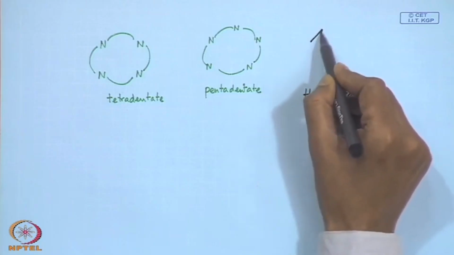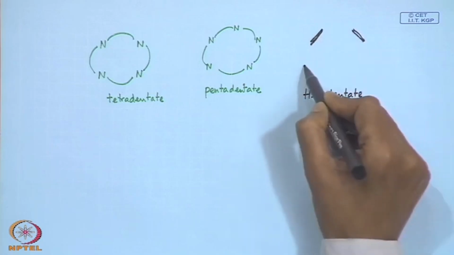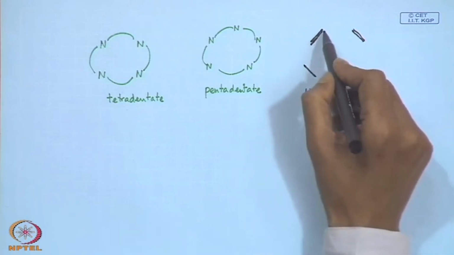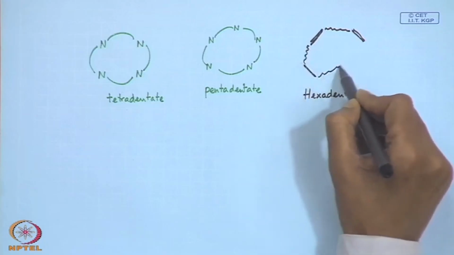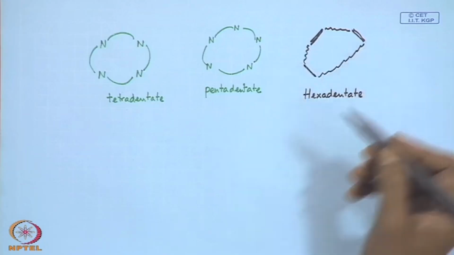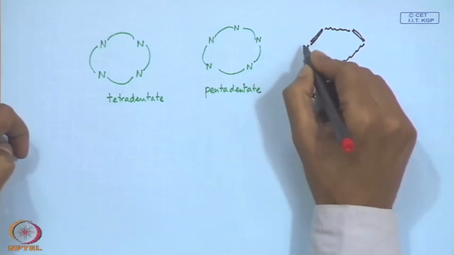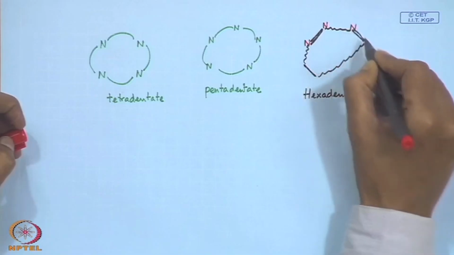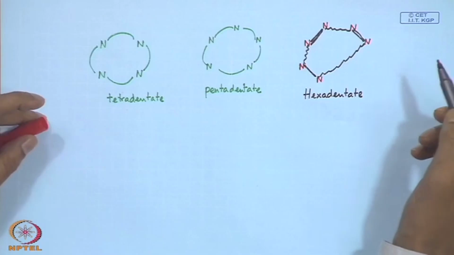So we can have one rigid backbone here, another rigid backbone over here, another rigid backbone over here, then we can connect it. So it can be a hexadentate ligand, if we have the fixed positions as nitrogens.